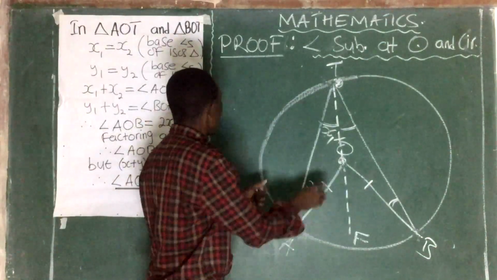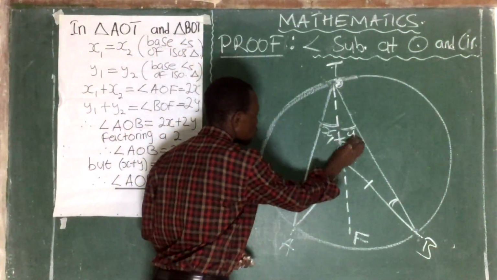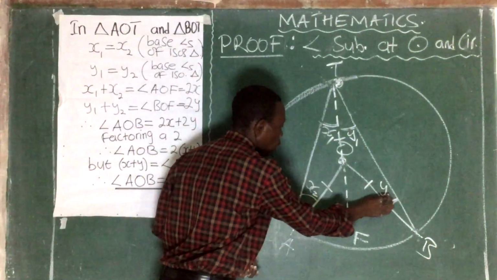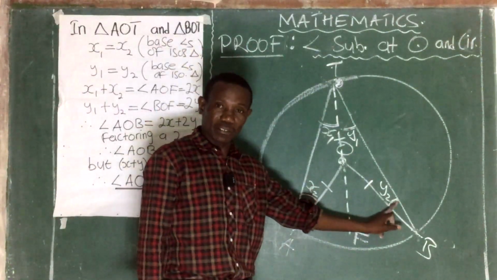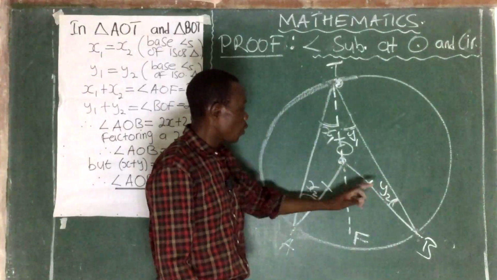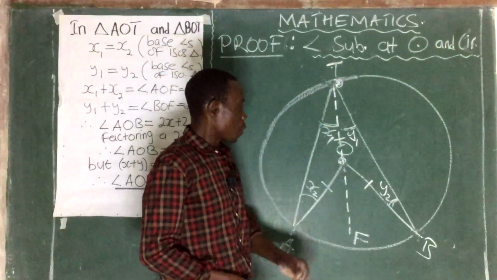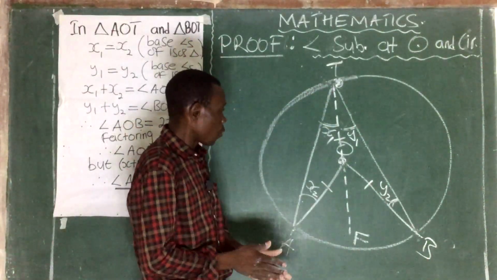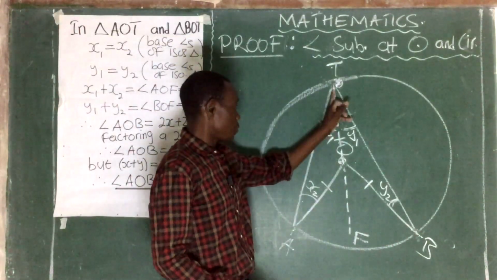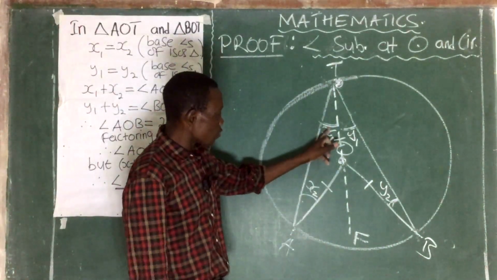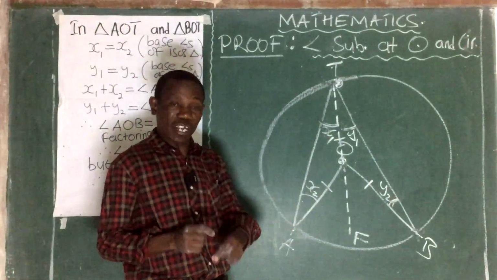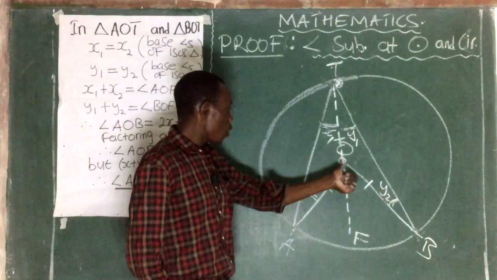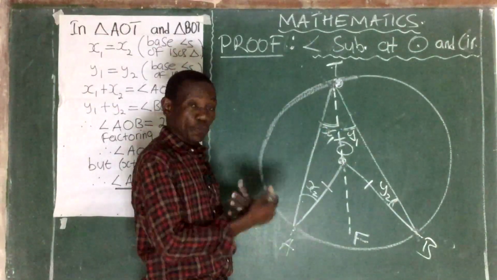Right. So if this one is given as y1, this one is y2. We're using the same y's here. It means this one is the same as that. So the two angles are equal because they are base angles of an isosceles triangle, in this triangle BOT. The same for x1, which is equal to x2 because they are base angles of isosceles triangle AOT, from what we have just explained.